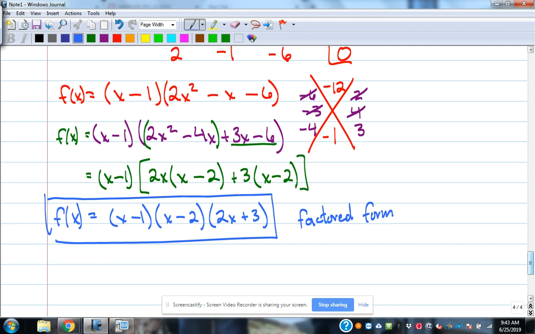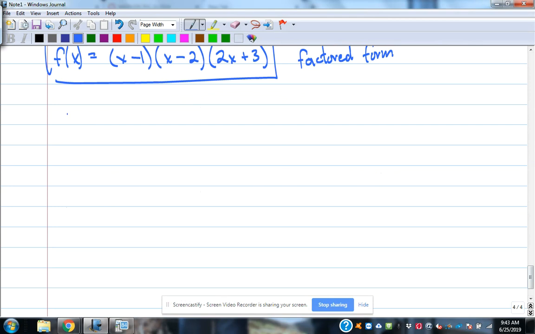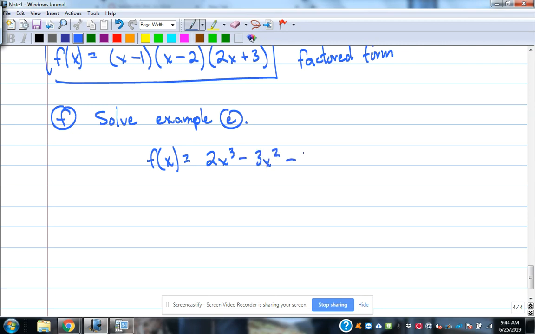Okay. So I'm going to take this same example and we're going to solve it. So we're going to solve example E. Okay. So the original problem was 2x cubed minus 3x squared minus 5x plus 6.